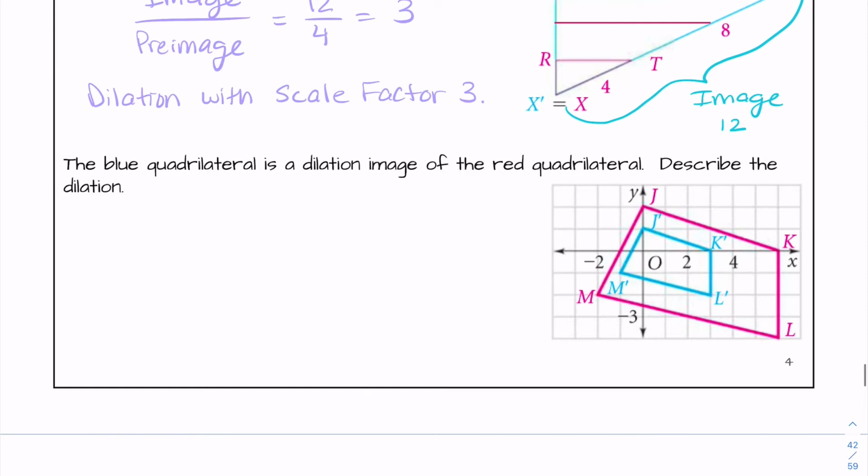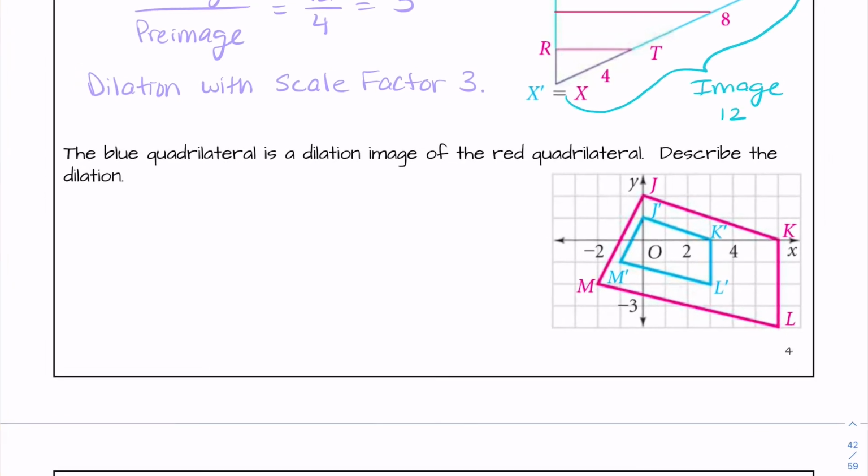All right. Next one. The blue quadrilateral is a dilation image of the red quadrilateral. Describe the dilation. So here we have blue has a length of 4. Oh no, we're counting by 1s. So I'm going to pick any side.